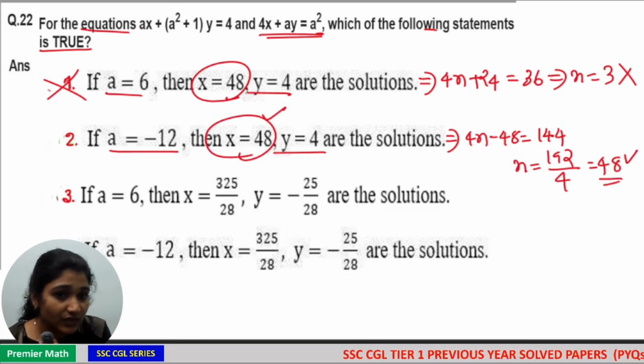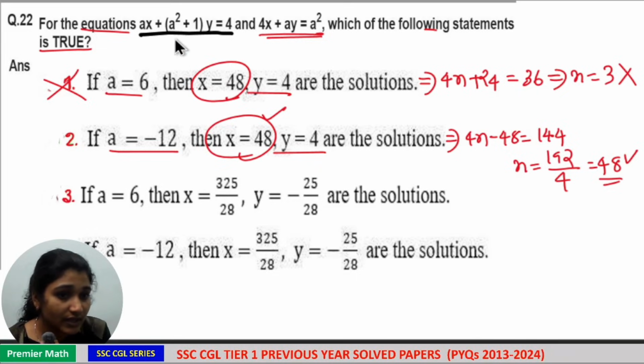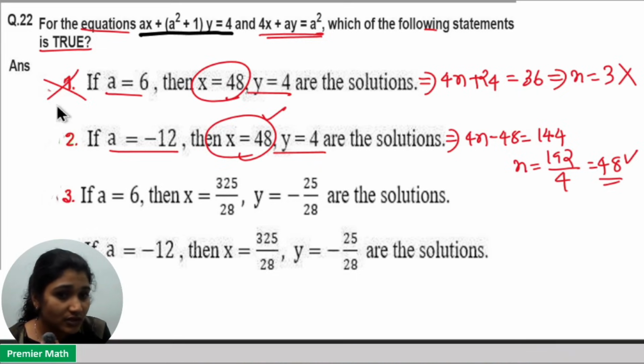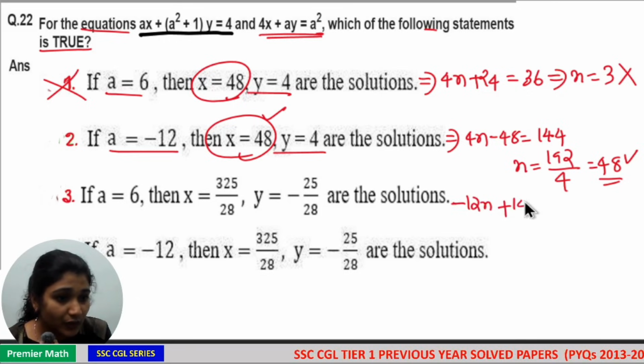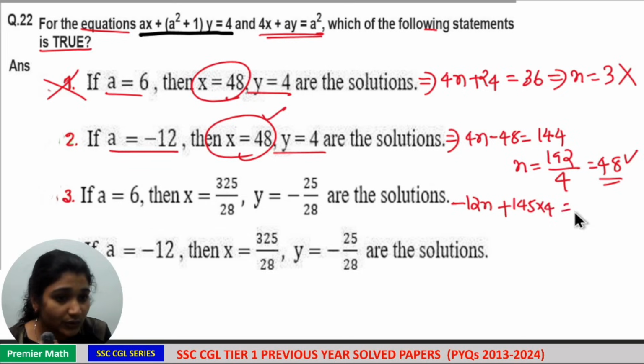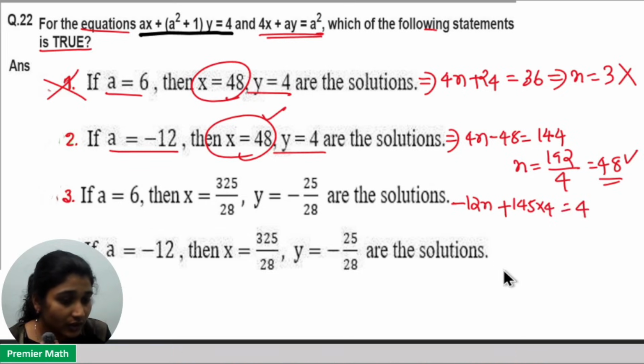Now check with the first equation as well. If these values are correct in the first equation, then option 2 is our answer. So let's check. So ax becomes minus 12x plus a square plus 1 becomes 145. Y equal to 4 here, and this is equal to 4. Let's verify. Here transfer 12x to RHS.